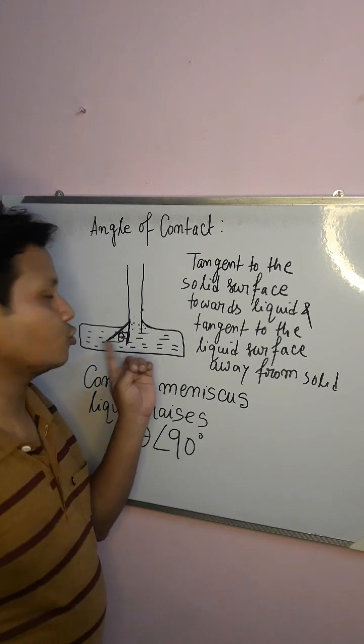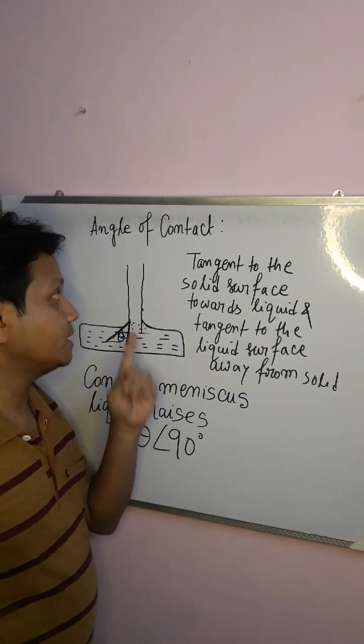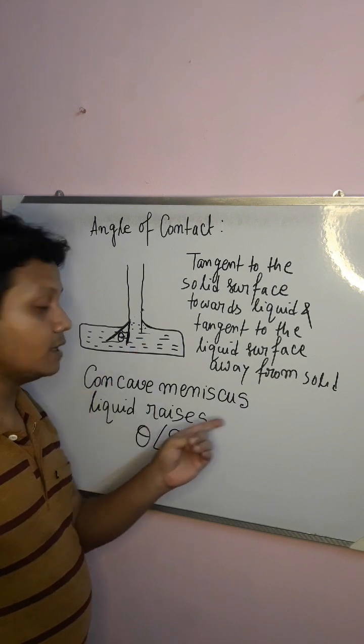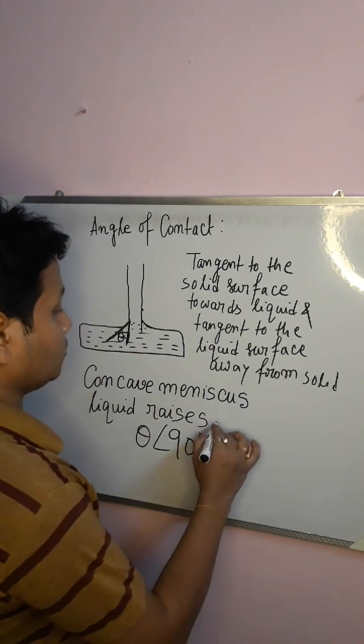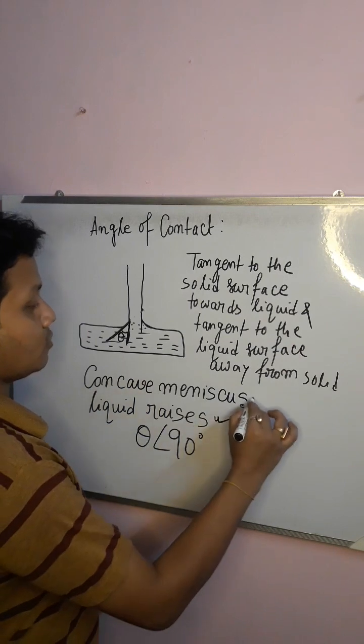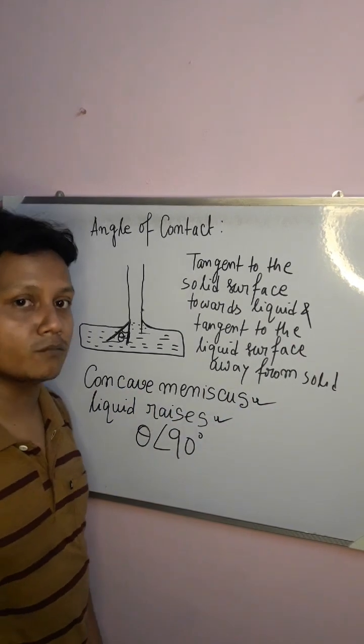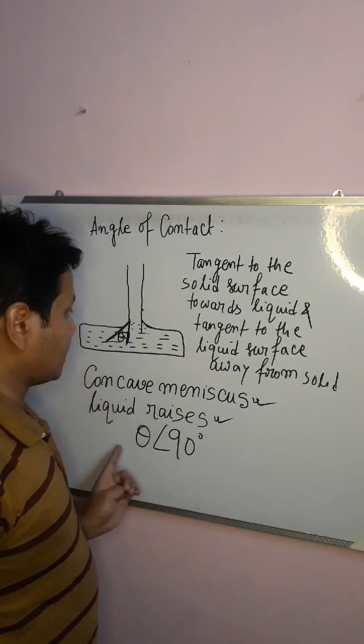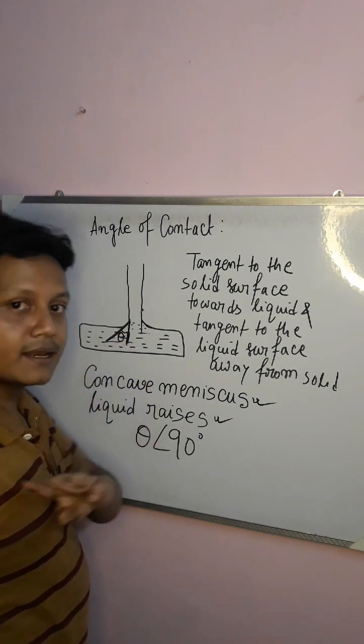This happens for those liquids which we dip into the capillary tube and the liquid level gets raised, so a concave meniscus is formed. You see clearly from the picture that here the angle of contact theta is less than 90 degrees.